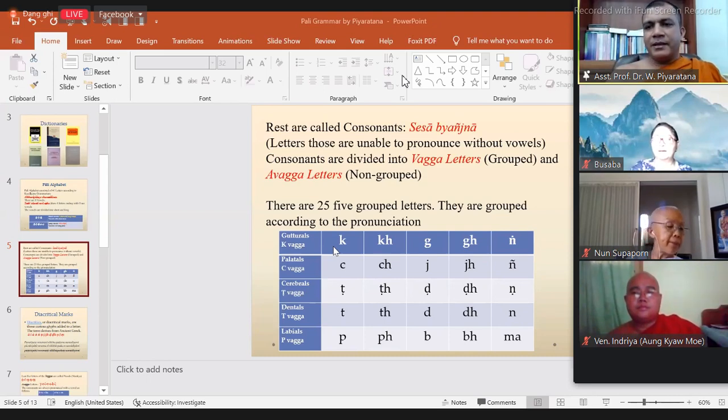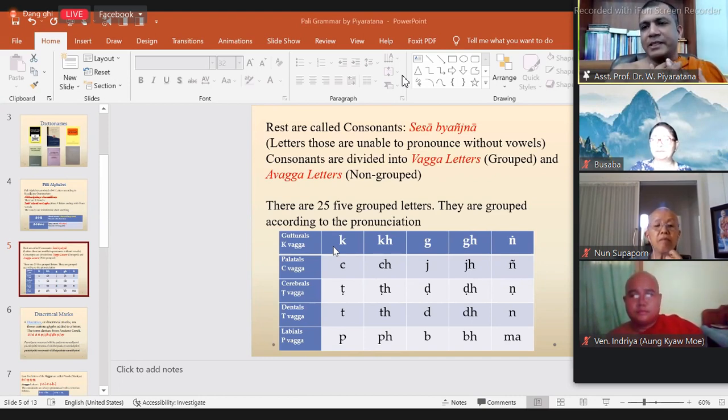In Pali, these five letters are called kantaja. Kanta means throat. So the letters are originated by compromising the throat and air.